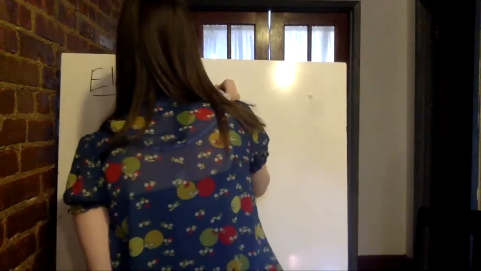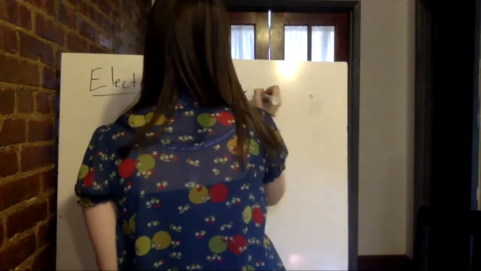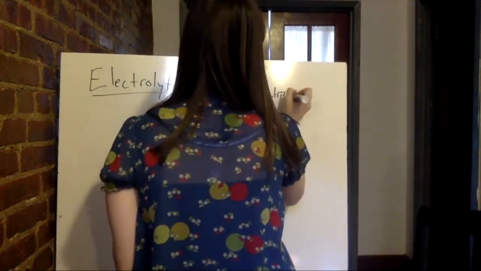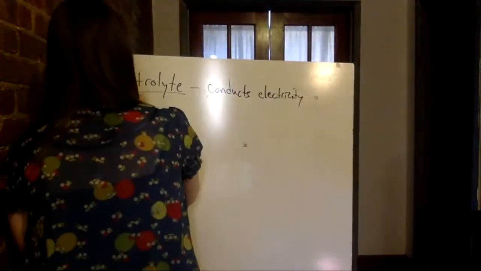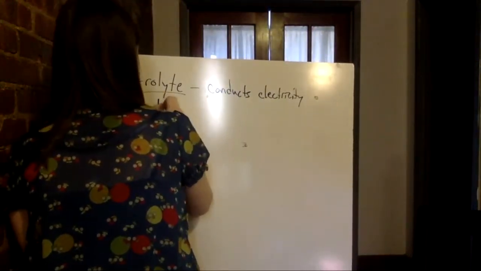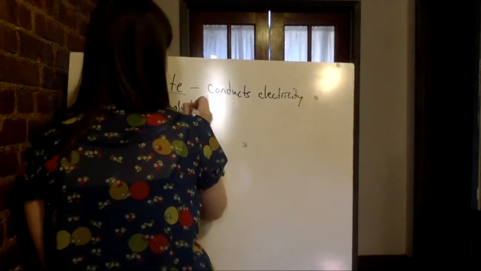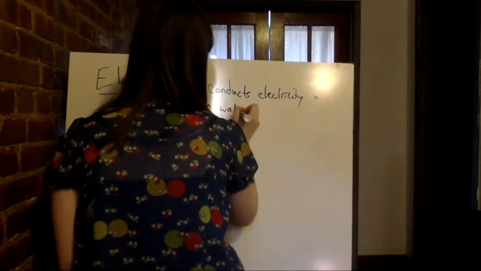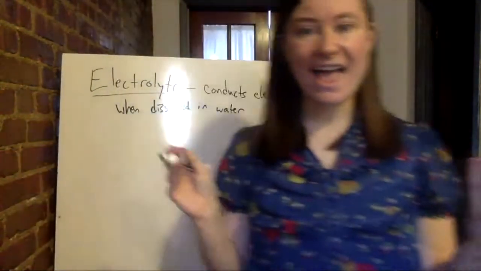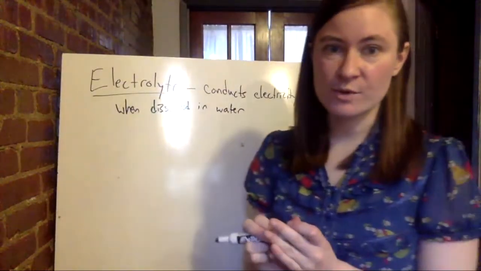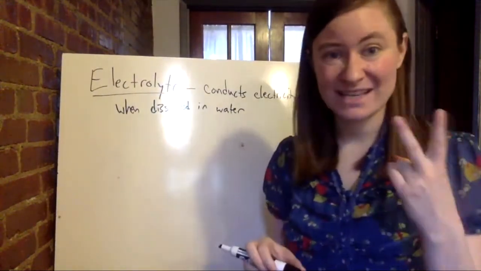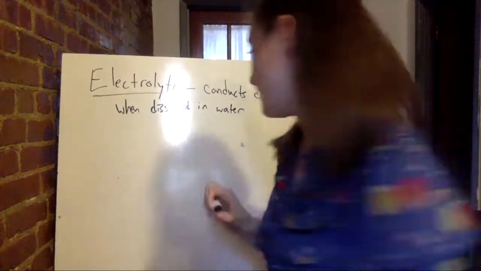So an electrolyte is just something that conducts electricity when dissolved in water. An example of an electrolyte would be any acid, any base, or any ionic compound.